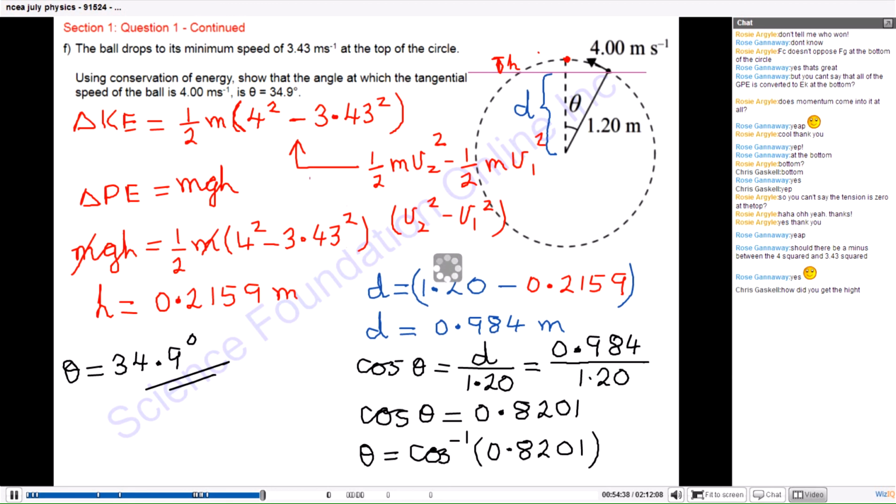How did you get the height? Okay. I'll wait for any other questions quickly. Type them through so I can cover anything else that you need. Chris, are you asking me how did I get this h here? Just type yes or no if that's the height h. Is that what you're referring to? How did you get the height? Are you asking me how did I get that h? Or did you mean this d?